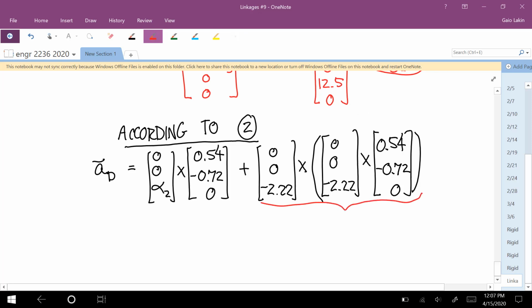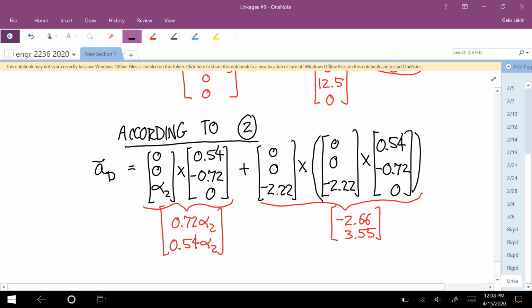For this whole thing, you get negative 2.66, 3.55, and for this one, you get, for the x component, 0.72 alpha 2. For the y component, you get 0.54 alpha 2.